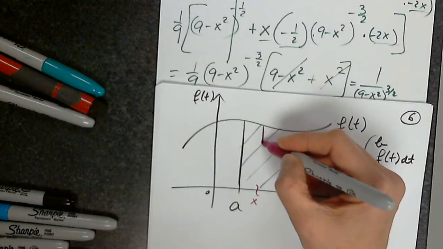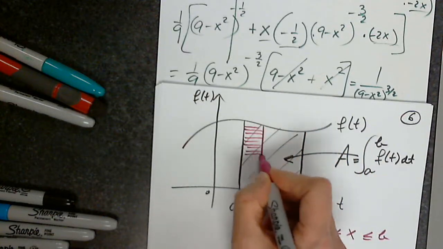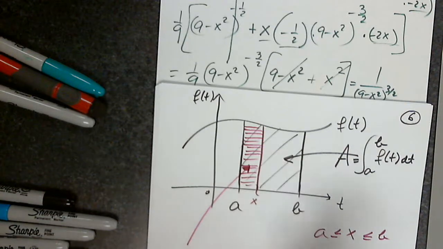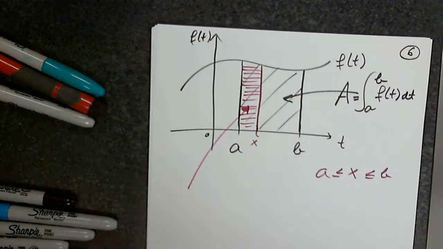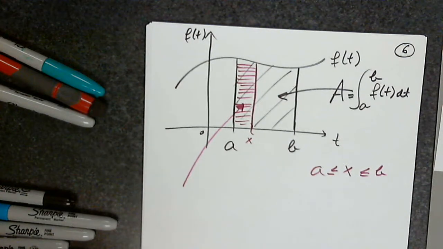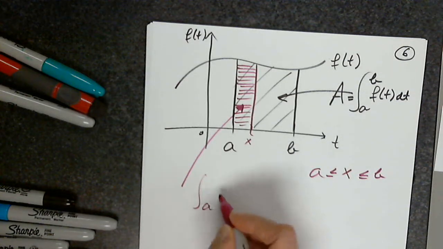Okay, and now I'm going to ask you how to represent this. What does this mean? The area. Say it again. The integral from a to x.